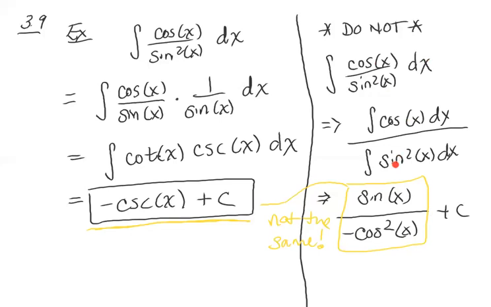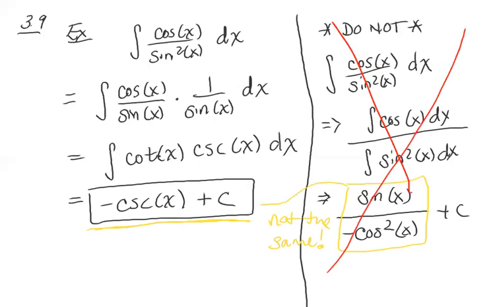Remember, we had certain rules that told us how to find the derivative of a quotient and the derivative of a product. Well, that same principle applies here in that I cannot distribute this antiderivative over a quotient. So don't do that. It will lead you astray.